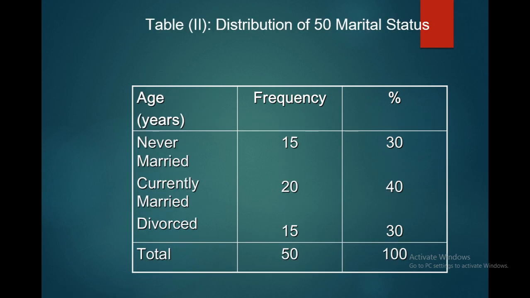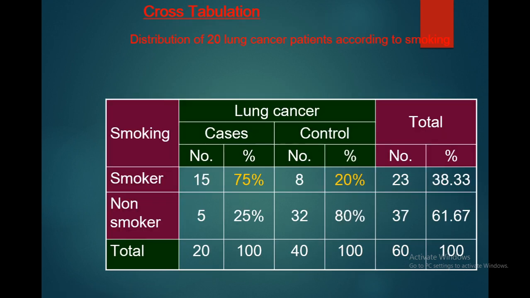And this is the qualitative classification, where we classified the data according to the marital status, not age, as I have written here the age, which is wrong. This is basically the marital status of the patient. And this is cross tabulation. Cross tabulation classifies the data according to two variables.